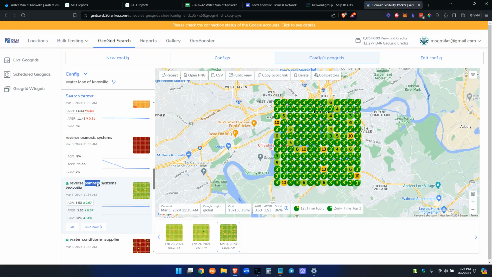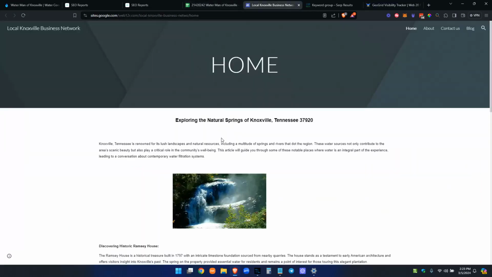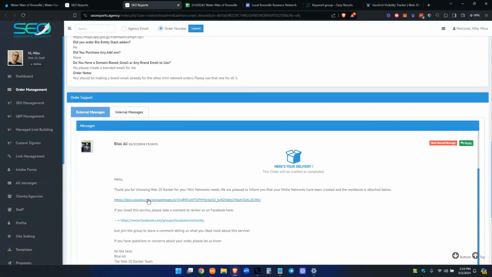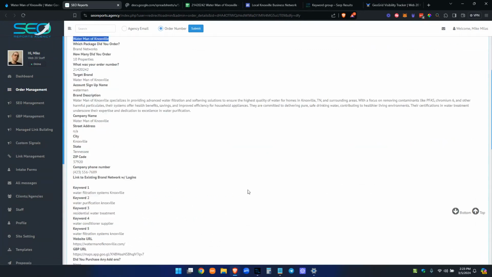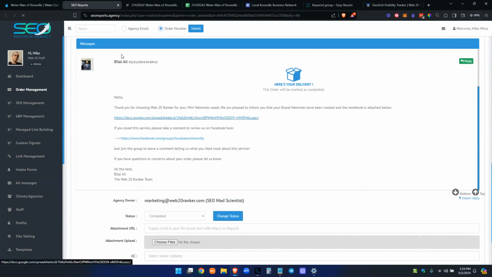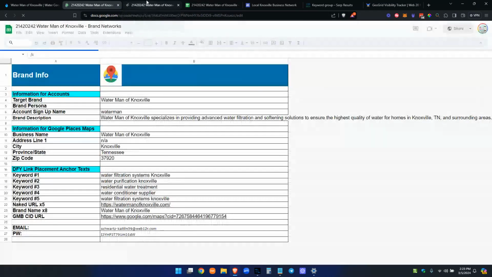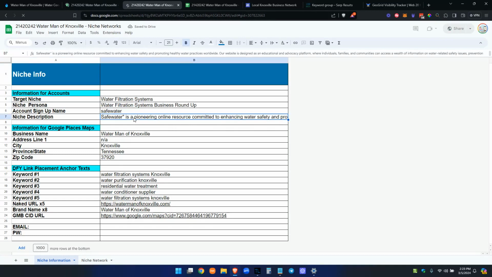It'll be interesting to see if we have any references to osmosis in any of these. That would probably be this one here, right? Enhancing water safety.